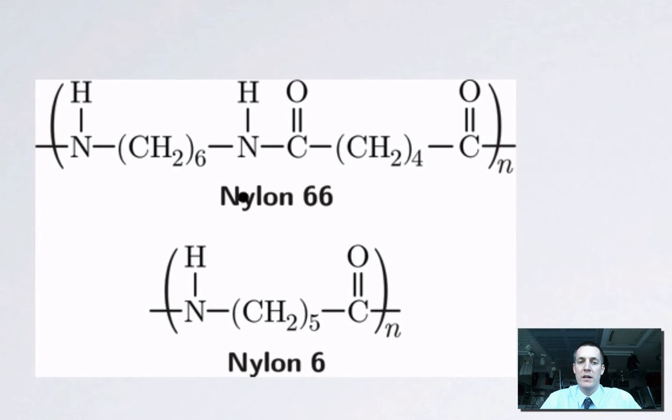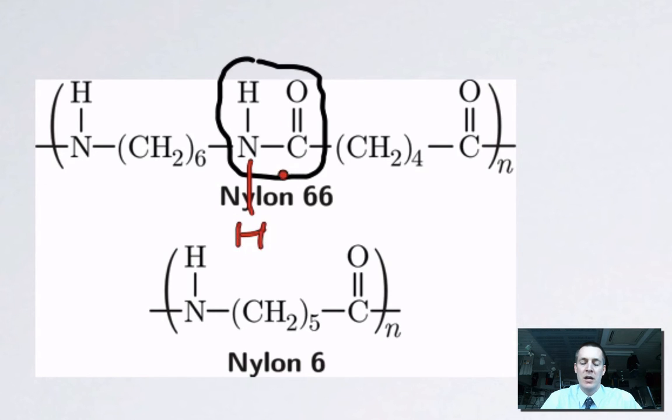Now let's have a look at why nylon 6,6 first of all is called a condensation polymer. Well, hopefully here you can see an amide group, rather like in a polypeptide or protein. Okay, and hopefully when you see this you maybe think to yourself, oh well, there could have once upon a time been a hydrogen on this nitrogen, and maybe once upon a time there was an OH on what was once an acid group, and these two things, when they joined together, formed water in a condensation reaction.